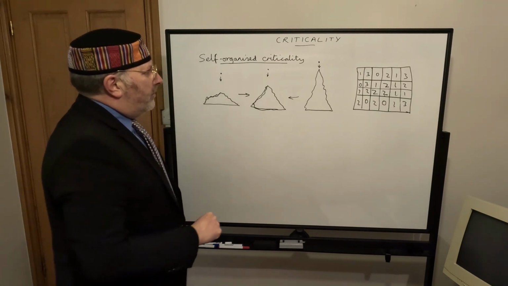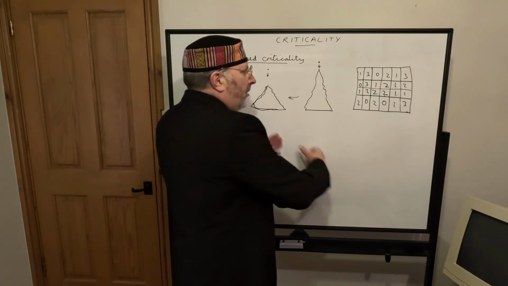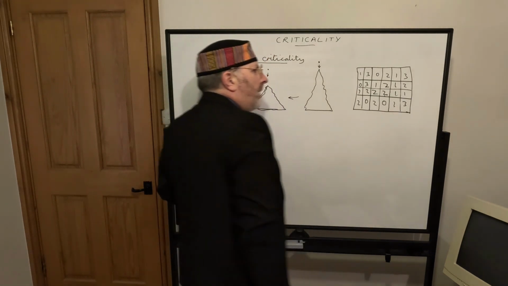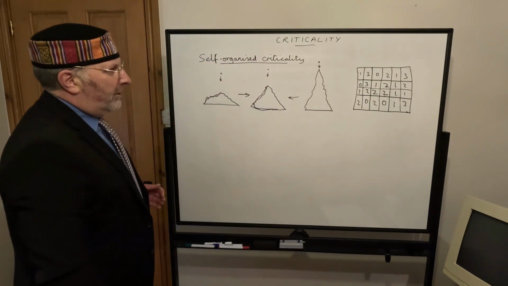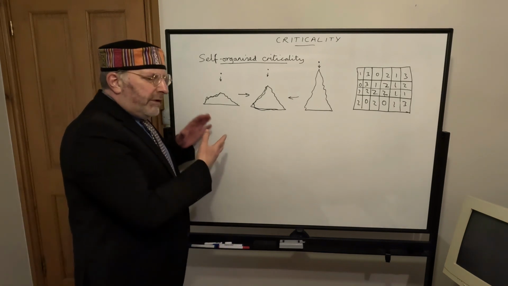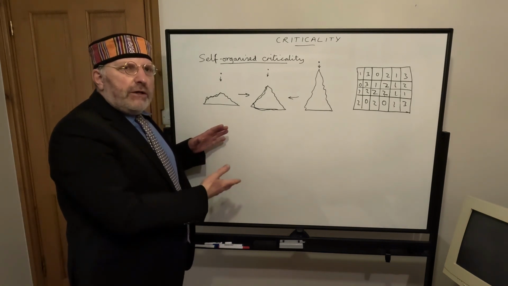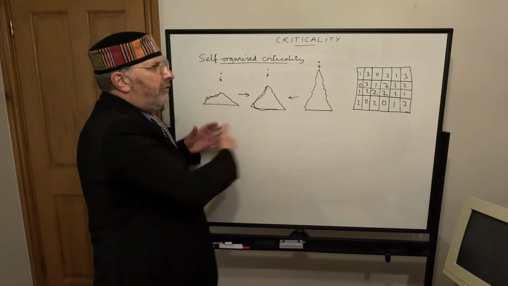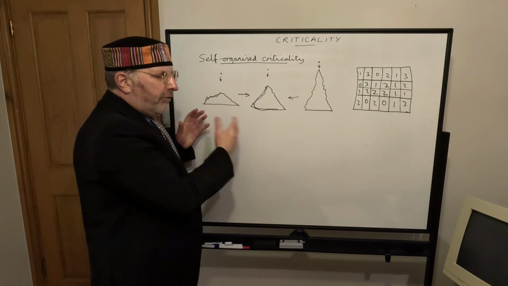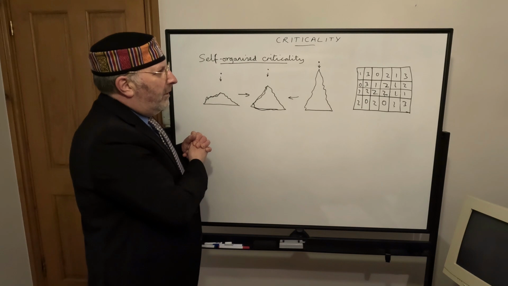So the sand pile is kind of the physical model of it. This is a kind of computerized model of self-organized criticality. But we see things in both nature and society that are reminiscent of this kind of process. And so this is the reason for us investigating it.